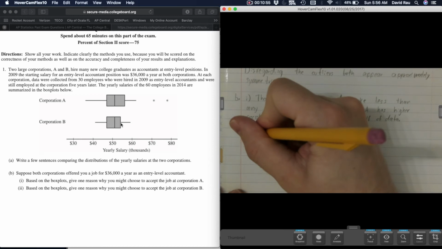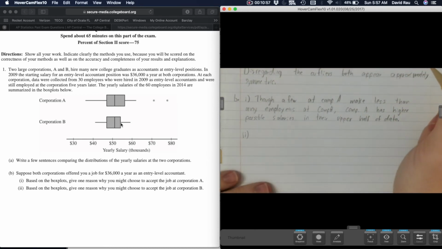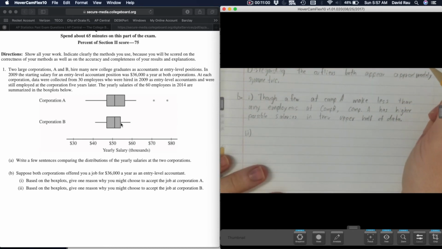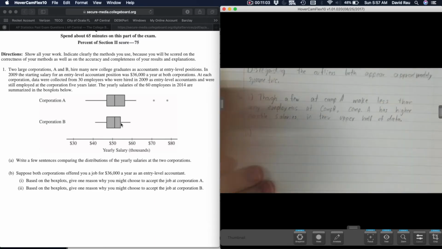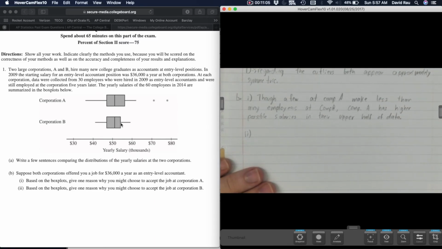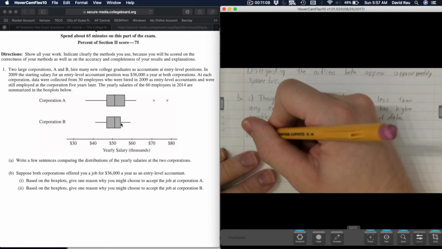Okay, part 2. Same question, but why might you accept a job at part B? Now again, there's kind of two things I can say here.